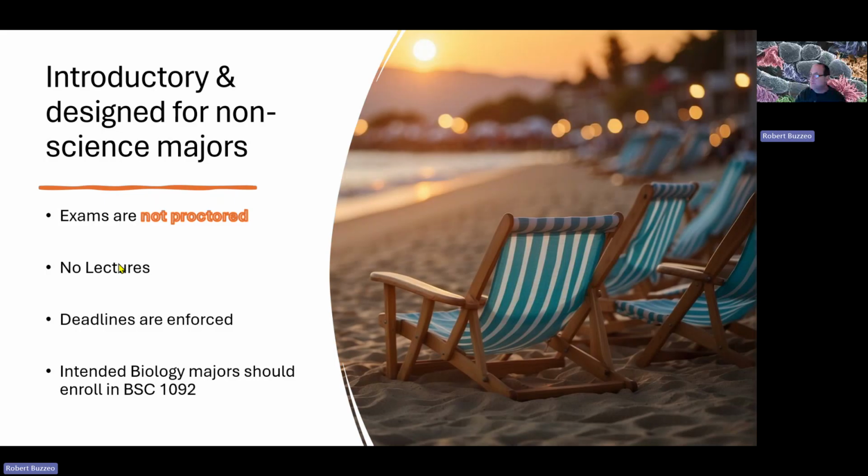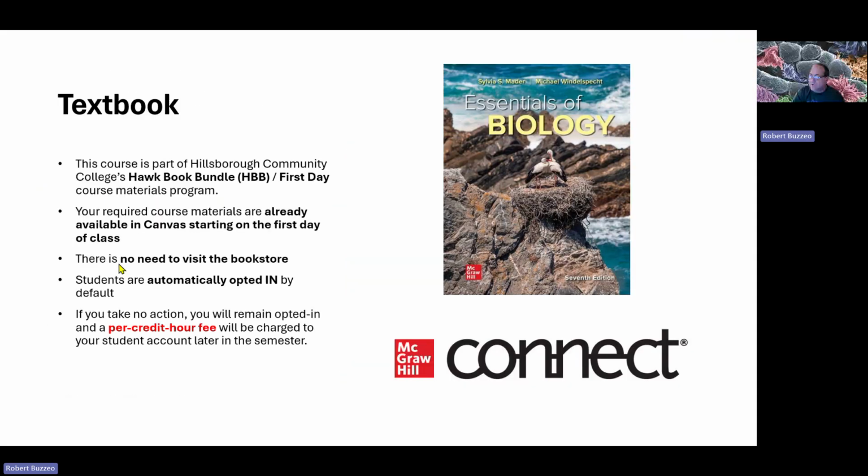So 95% of you are just going to want to do absolutely nothing to remain opted in automatically and have access to the textbook. Taking no action, just logging into Canvas, and I'll show you this in a little bit, going to required resources and accessing that is going to automatically enroll you in it.